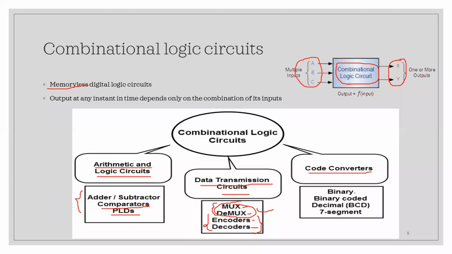You might have gone through binary to gray, gray to binary, then how to represent a binary number in its BCD equivalent. These are the code converters we come across, which are also a part of the combinational logic circuits. So any discussion over here?